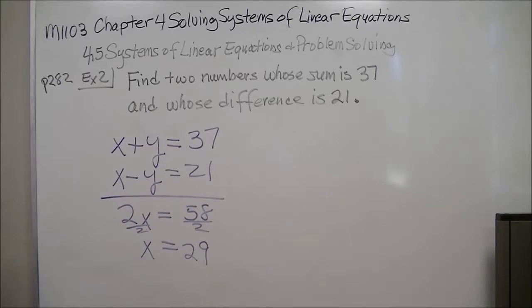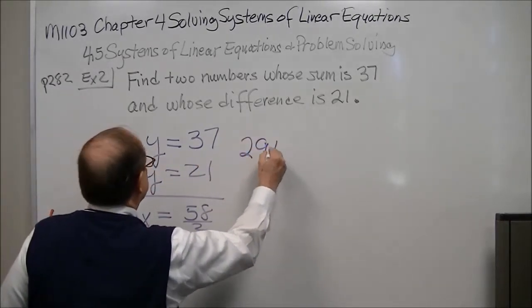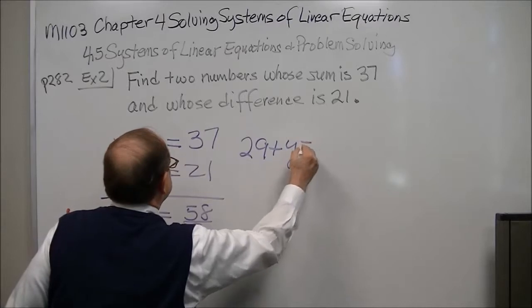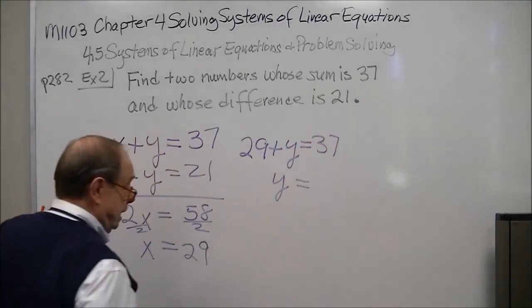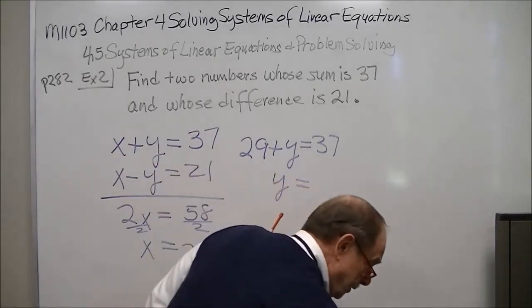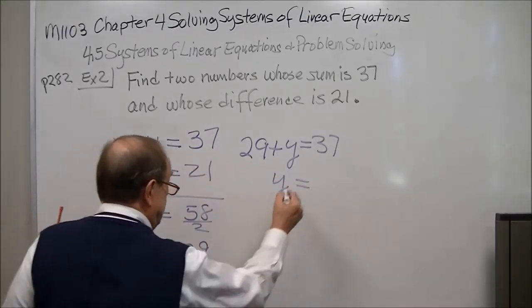So if x is 29, what is y? Well, you just put the 29 there, plus y equals 37, and you're going to subtract 29 from both sides, and you get 8.